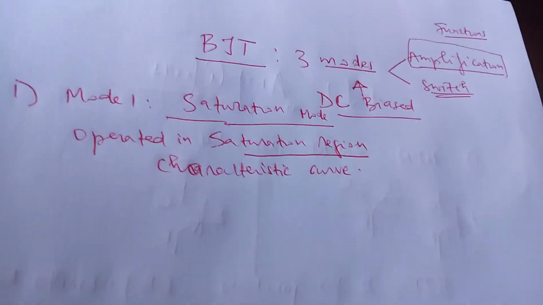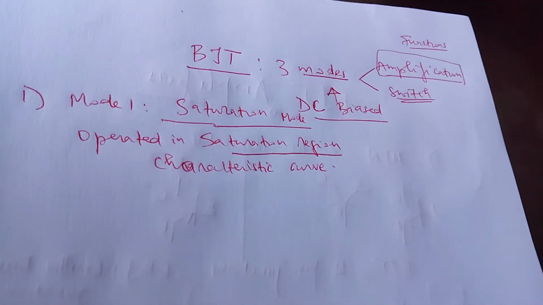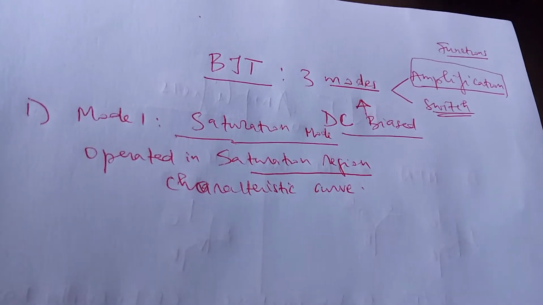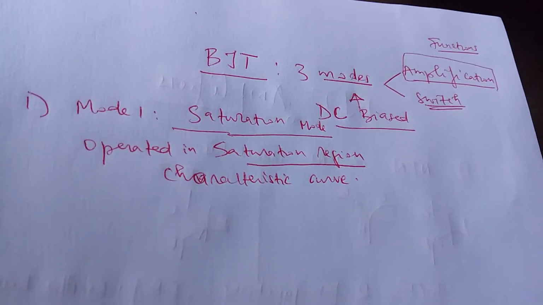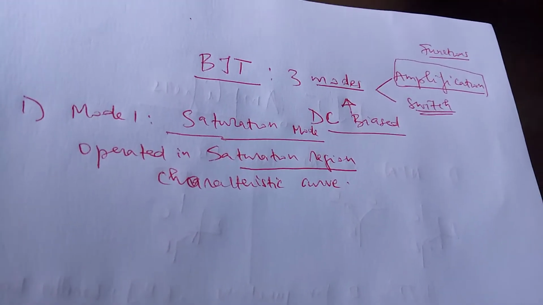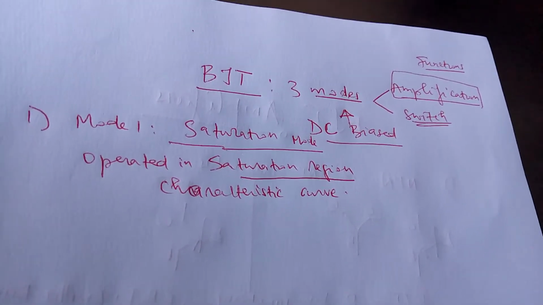So now, what does it mean to be operated in the saturation region, how do we detect that a transistor is in saturation mode, and what function does it perform? Let's start with what it means for a transistor to be in saturation mode.